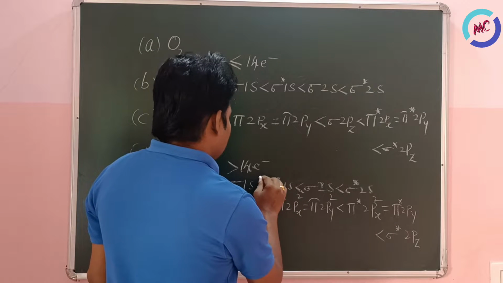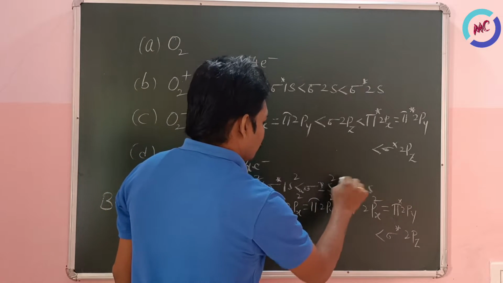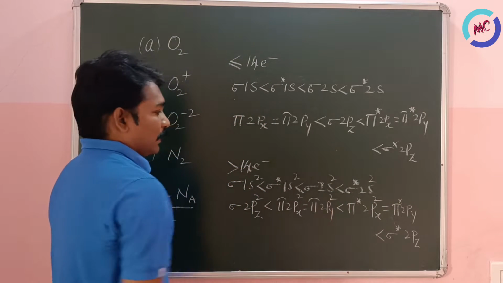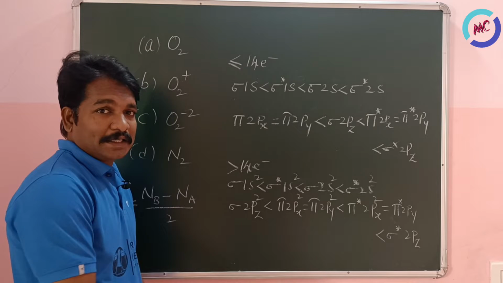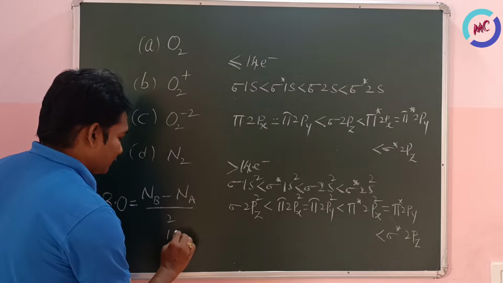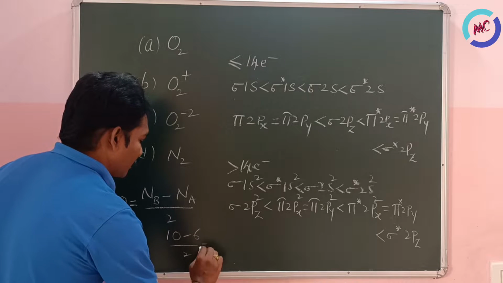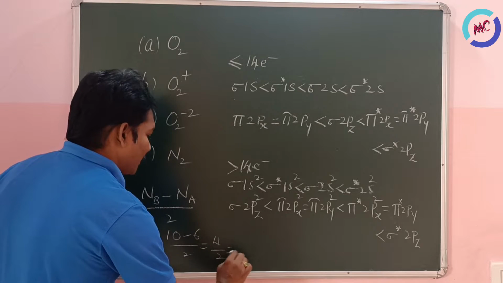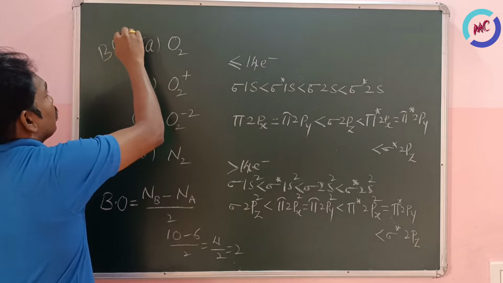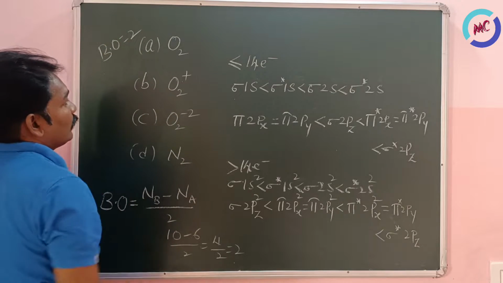Just now we calculated, 10 minus 6 by 2 is equal to 4, 4 by 2 is equal to 2. In case of oxygen, bond order is equal to 2.